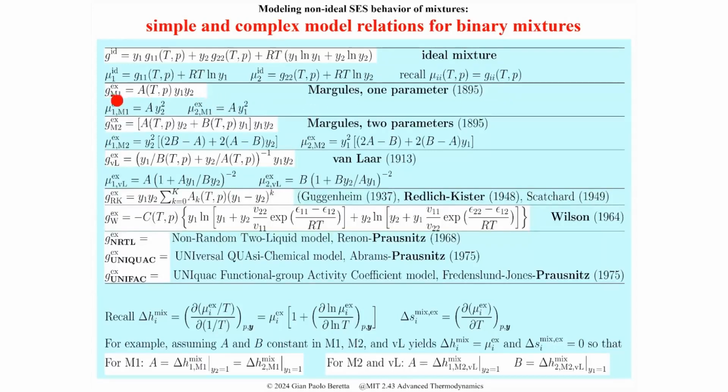Okay, so Gx is assumed to be symmetric, a single parameter, which may depend on temperature and pressure, but the dependence on composition is just the product of the two mole fractions.